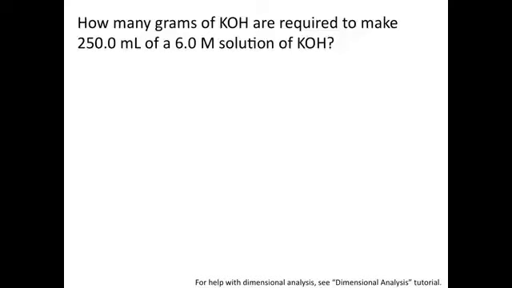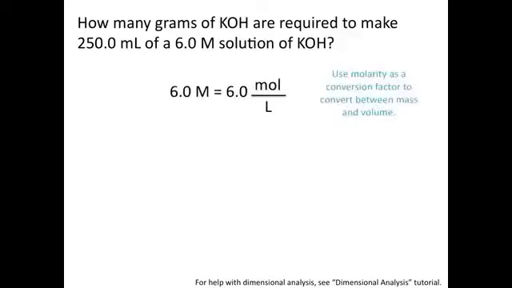Now we want our volume in liters, so we convert the 250 milliliters by dividing by 1,000, which gives 0.25 liters. You know that M equals N over V, where M, the molarity, is equal to the number of moles divided by the volume.